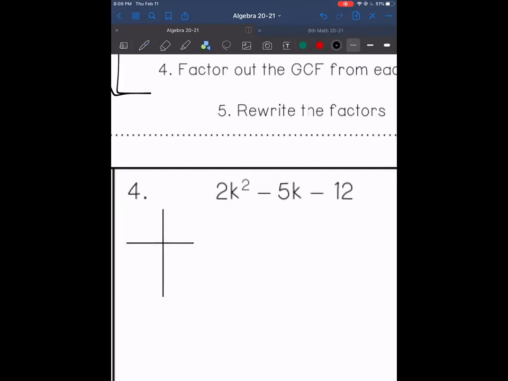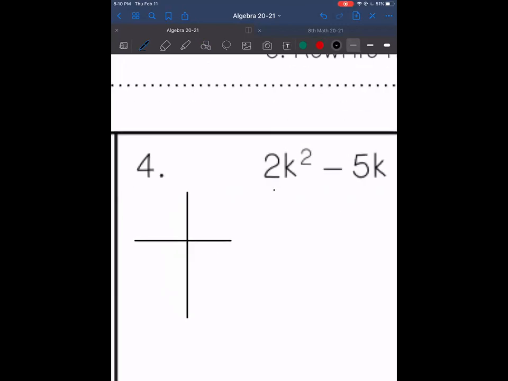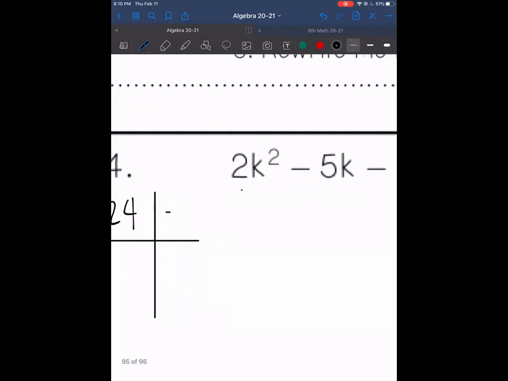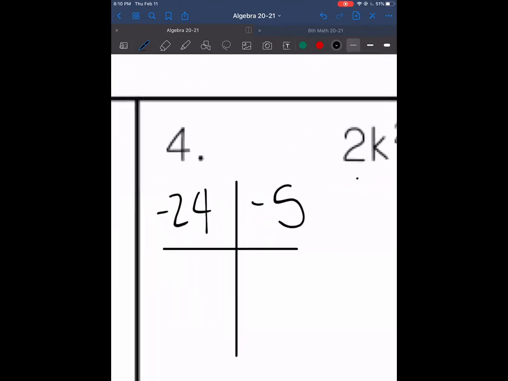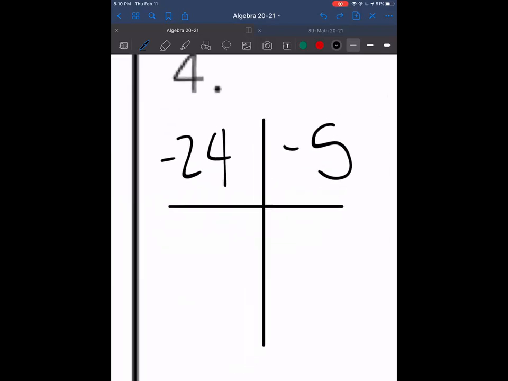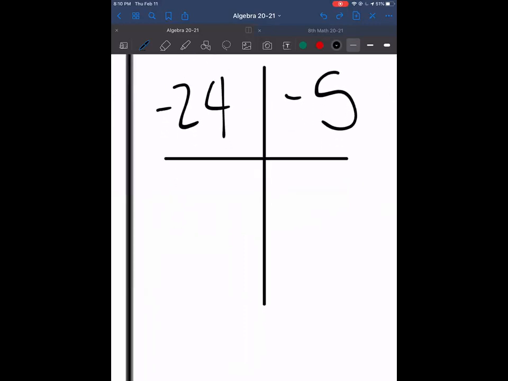I need a product of 2 times negative 12, that's negative 24, and a sum of negative 5. If I have a product that's negative, that means one of my factors is negative. Because my sum is negative, that means I have more negative than positive, meaning my bigger number is negative. So let's talk about factors of 24.